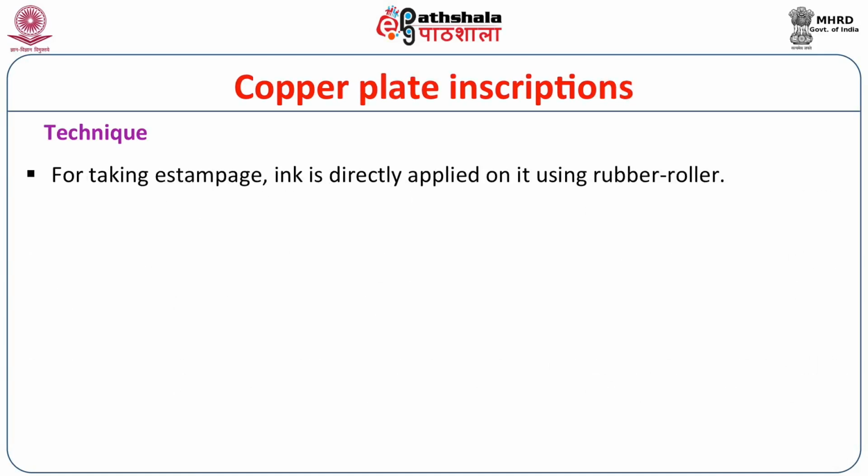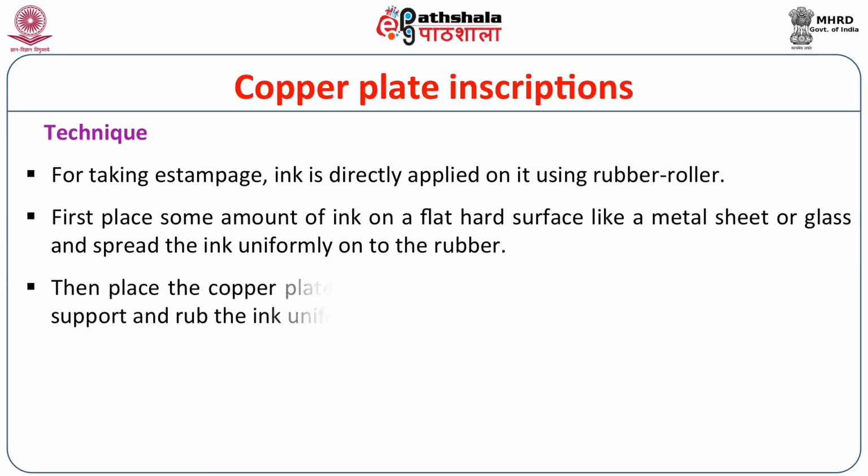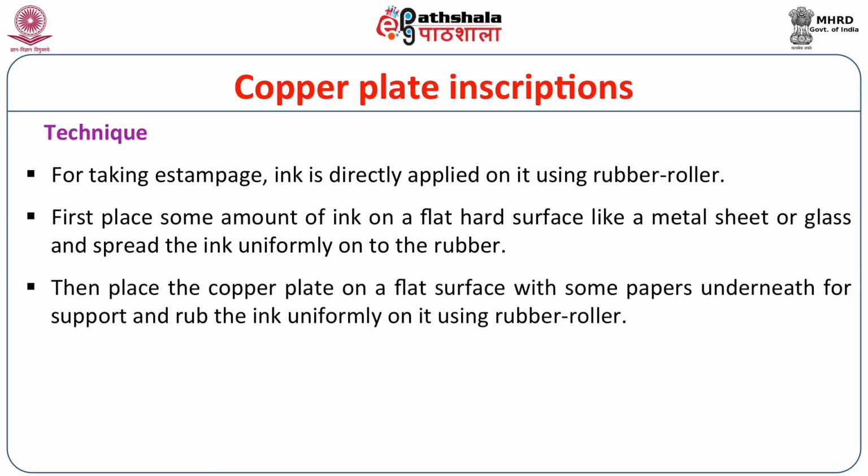For taking a stampage, the ink is directly applied using a rubber roller. First, place some amount of ink on a flat hard surface like a metal sheet or glass and spread the ink uniformly onto the rubber. Place the copper plate on a flat surface with some papers underneath for support and rub the ink uniformly on it using the rubber roller.